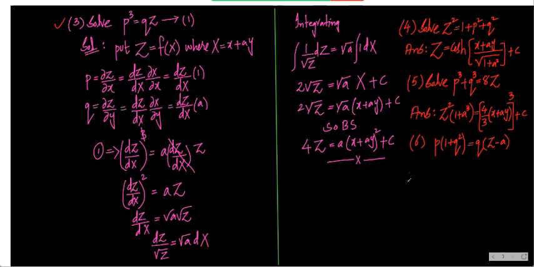For this also I'm giving the answer. The answer is 4 times z minus a minus 1 is equal to x plus by plus bc. Or sometimes you will get the answer in this way also, plus bc by b whole square.